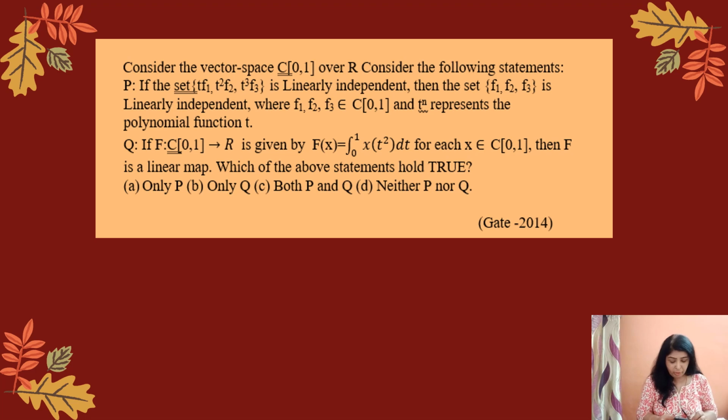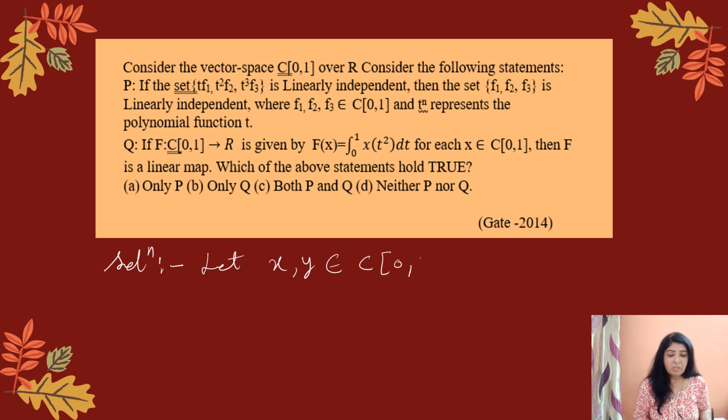So first of all we check whether f is a linear map or not. For linear mapping, we choose two elements. Let x and y belong to C closed interval 0 1, and alpha and beta are scalars.